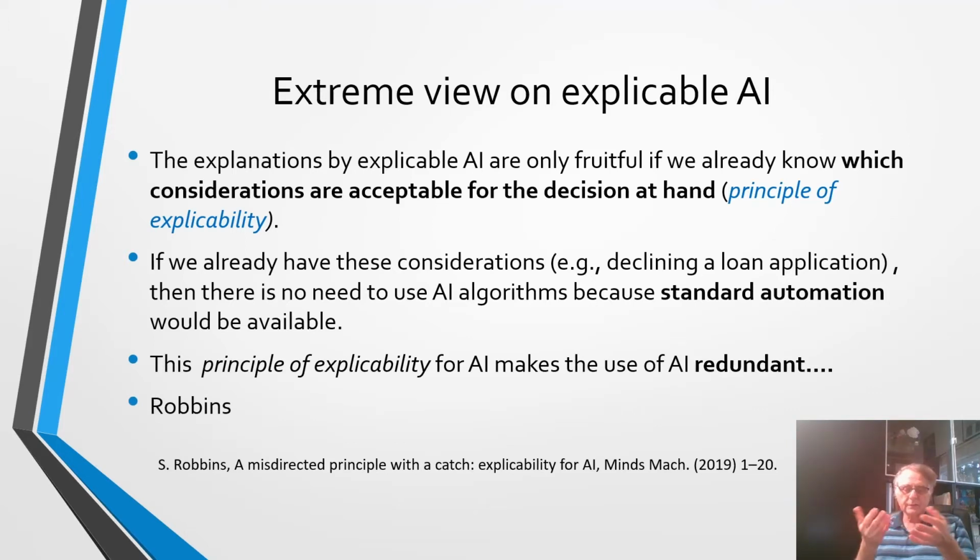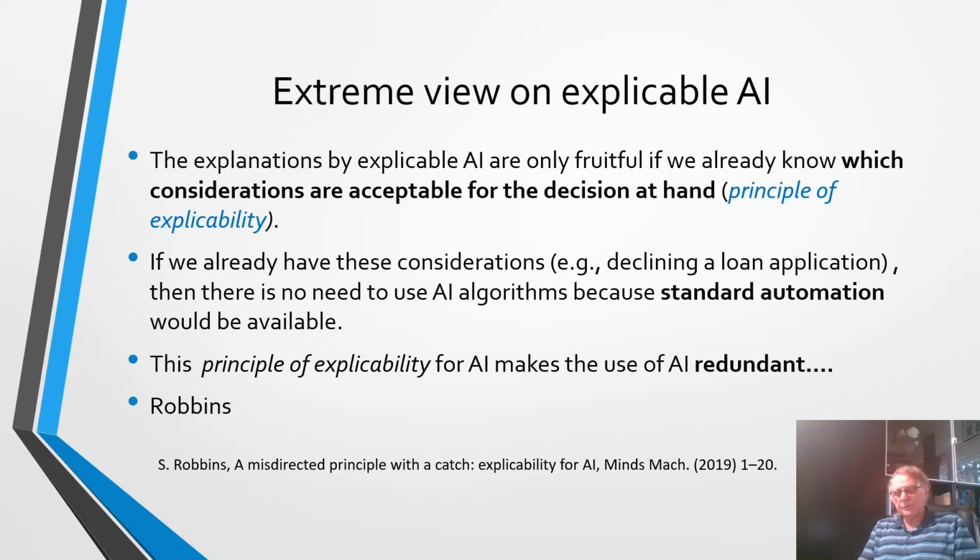So indirectly, the assumption here is that we have an algorithm which actually can justify declining the loan application, and we just can use standard computational tools like rule-based reasoning without any inductive discovery by machine learning. This principle of explicability for AI makes the use of AI redundant.